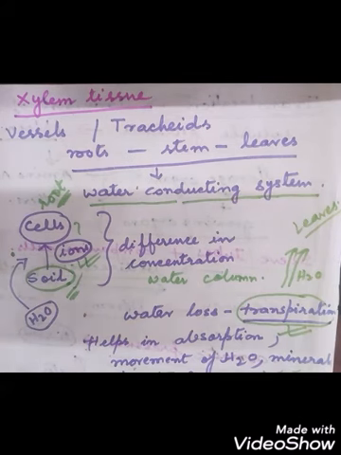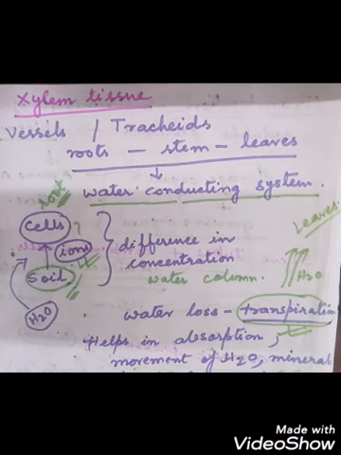So this continuously takes place, but this pressure is not enough to move the water over the heights that we commonly see in the plants. So there are other methods or other policies which the plant uses to continuously allow the water to go inside the plants. That is, the pulling force that should be there so that the water can be taken in by the upper parts of the plant.